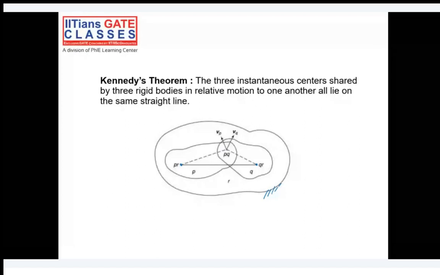We have an instantaneous center of rotation between links P and R, and one between Q and R. Similarly, we'll have an instantaneous center of rotation between P and Q, because P and Q are moving relative to link R. So PQ is the instantaneous center for bodies P and Q. You can say it's the instantaneous center of rotation of body P with respect to Q, or of Q with respect to P. You can phrase it either way.